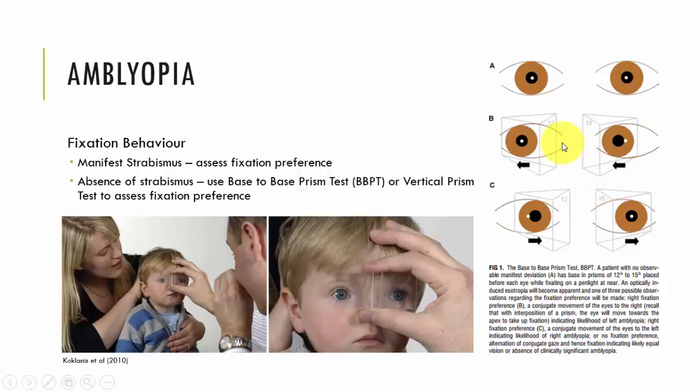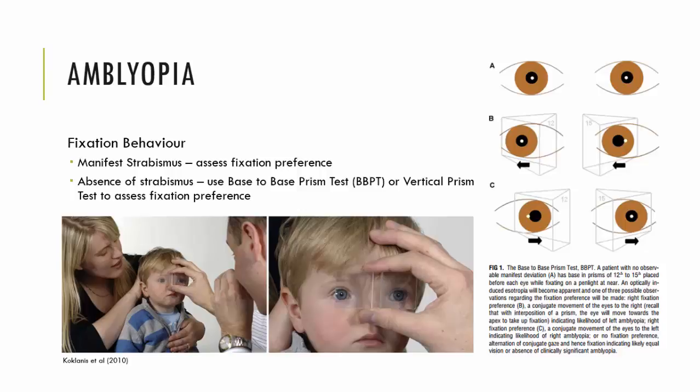Or they alternate between right and left fixation, which indicates that it's unlikely that they have any amblyopia present. So this is a guide to give you a sense of whether amblyopia may be present and whether you should consider commencing treatment.